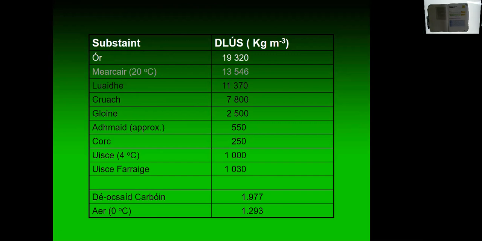Then mercury at 20 degrees Celsius, in liquid form, is 13,546 kilograms per meter cubed. Then we have lead, steel, and cork.